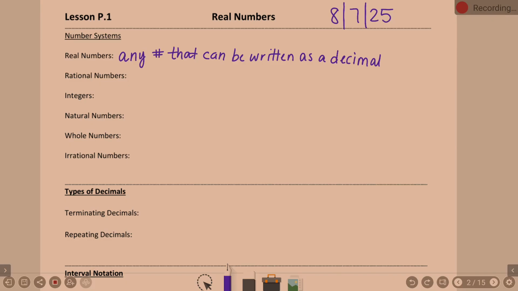On my paper, this fit better. It never fits quite the same on the board. You guys know that. So when I say anything that can be written as a decimal, that includes positives, negatives, fractions, decimals. It includes everything.